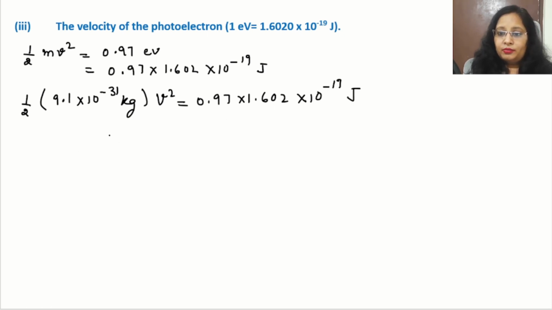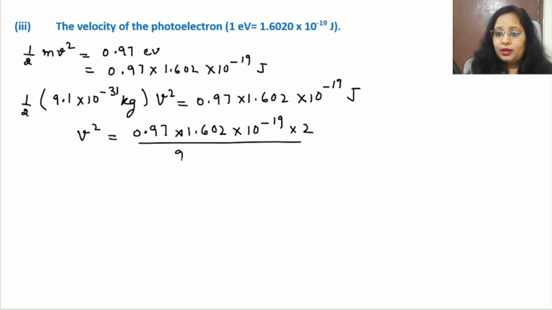Now from here we will get the value of v square. V square is equal to 0.97 into 1.602 into 10 to the power minus 19 multiplied by 2, divided by 9.1 into 10 to the power minus 31 kg, and this is joule.